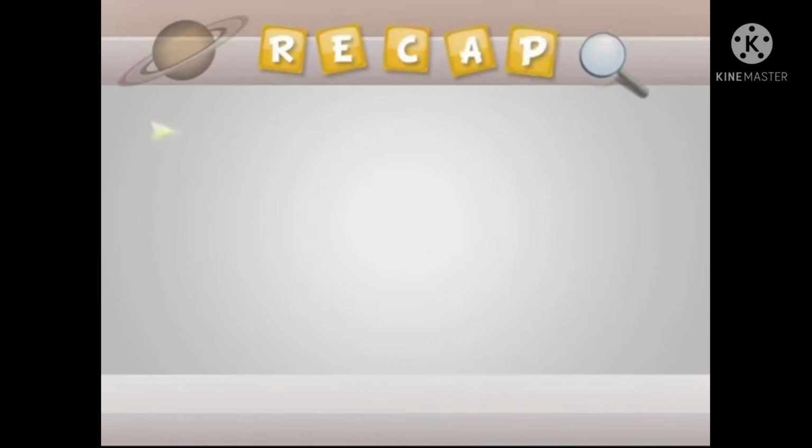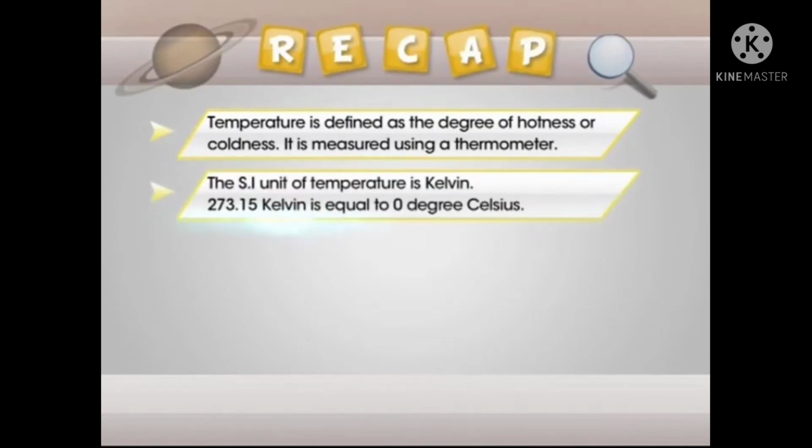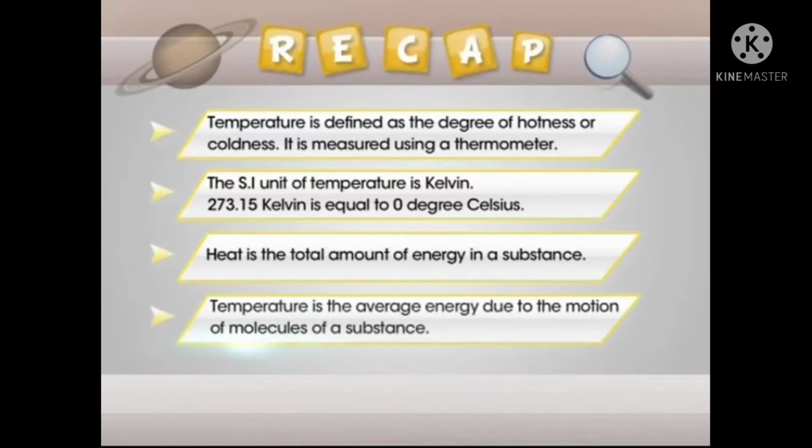In this module, you learned that temperature is defined as the degree of hotness and coldness of an object. It is measured with the help of a thermometer. The SI unit of temperature is Kelvin; 273.15 K is equal to 0 degrees Celsius. Heat is the total amount of energy in a substance, whereas temperature is the average energy due to the motion of molecules of substance.